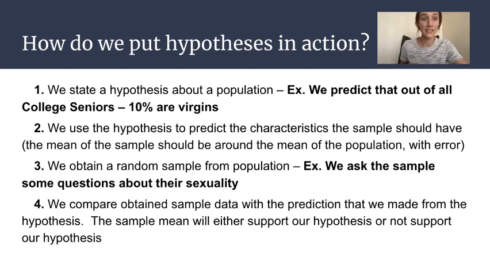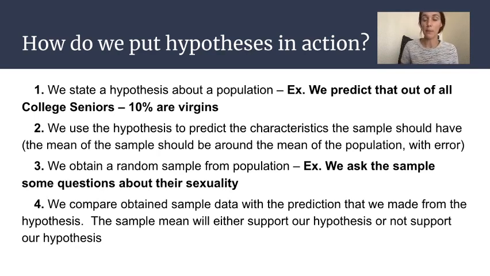So if we're predicting that 10% of all college seniors are virgins, 10% of our sample should be, if we're pulling a sample of college seniors. Then we obtain our sample, and we ask them some questions that would help us to address the specific prediction. Then we compare our sample to the prediction that was made in the hypothesis. And then we either have support or a lack of support for our hypotheses.